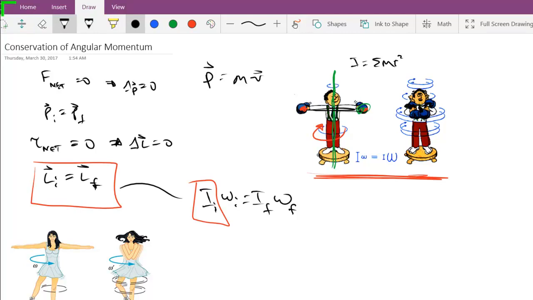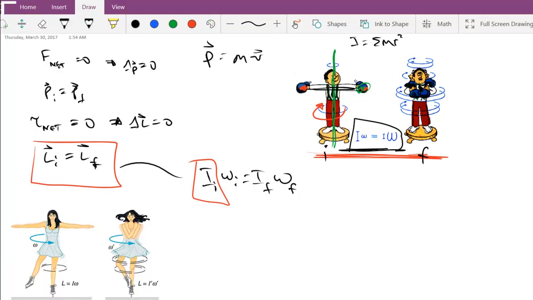So although he was rotating very slowly in the initial condition, we'll call this I for initial, in the final condition, by bringing his arms in and reducing his rotational inertia, he increases his rotational velocity through conservation of angular momentum, which, as long as we have no net torque acting on the system, is always conserved.